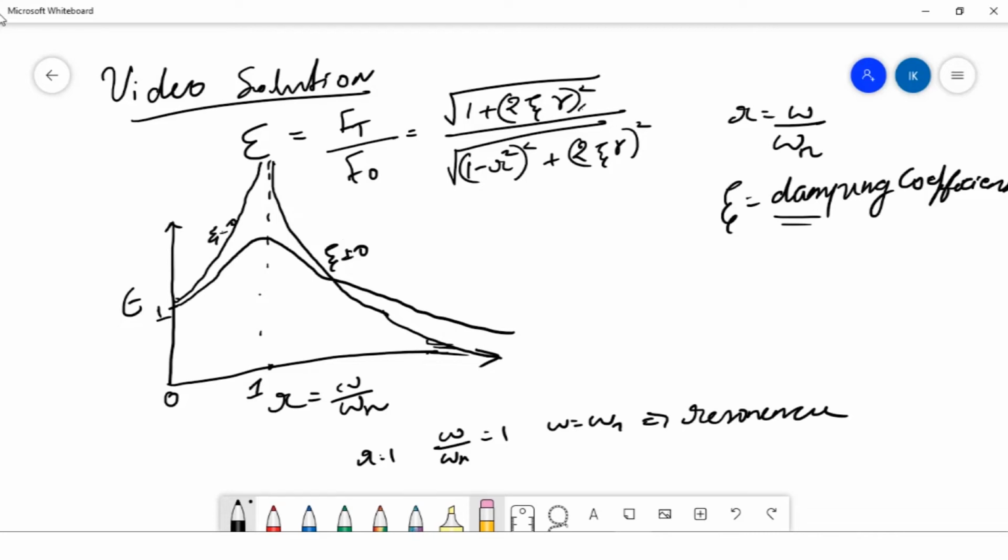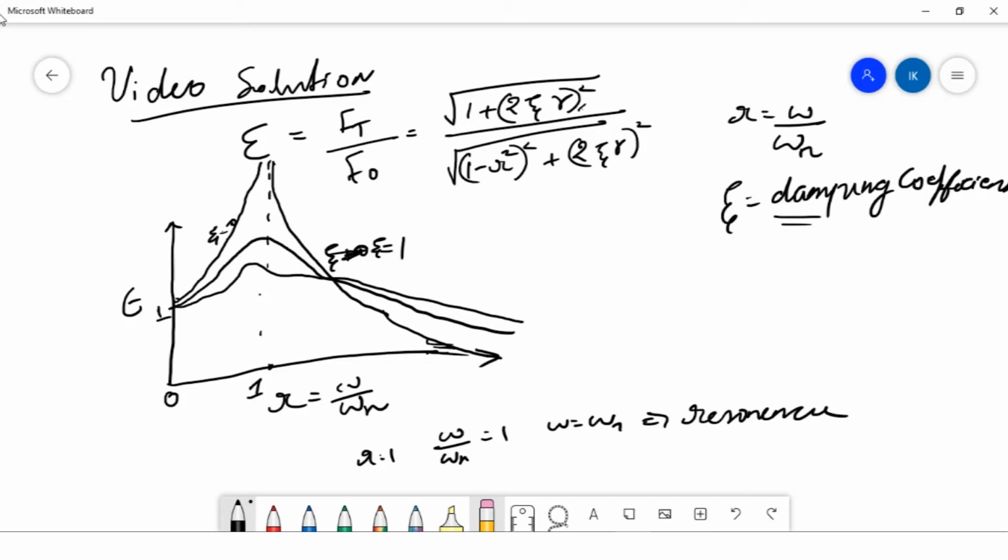Let us say this is zeta equal to 1. For zeta greater than 1, let us say zeta equal to 2, it will reach its maximum before zeta equal to 1, then pass through this point and go like this. And for a larger value, it goes like this.